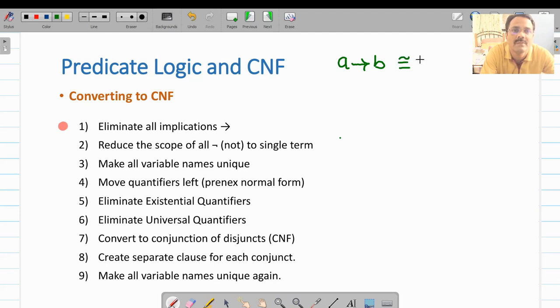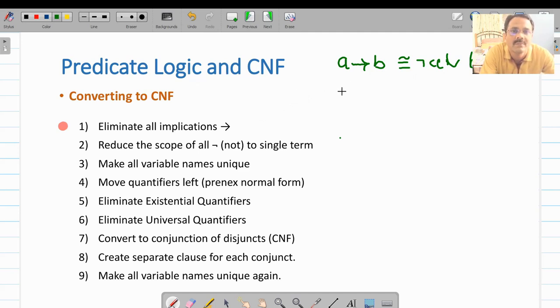A implies B is equivalent to not A or B. Wherever implications are there, you will be removing them using this property.